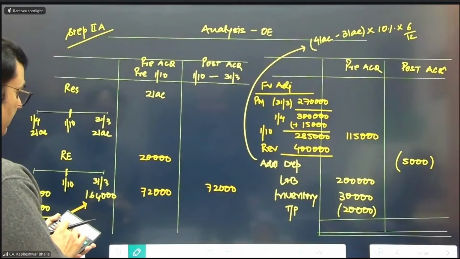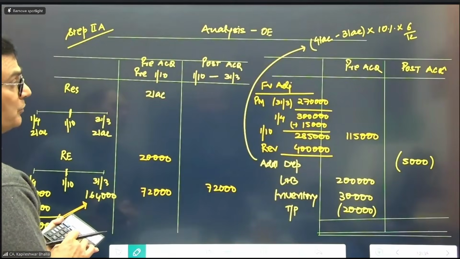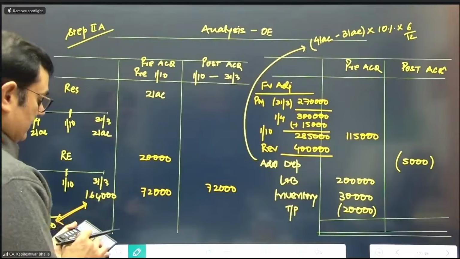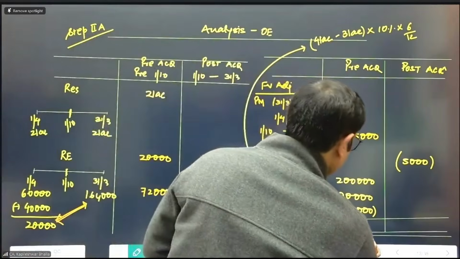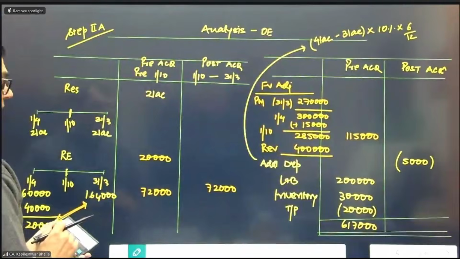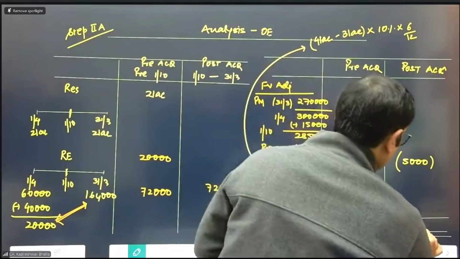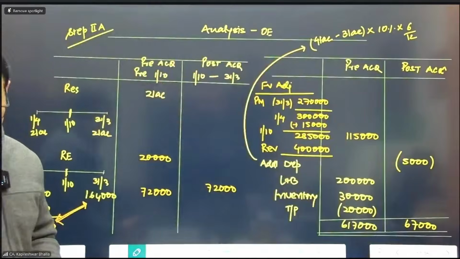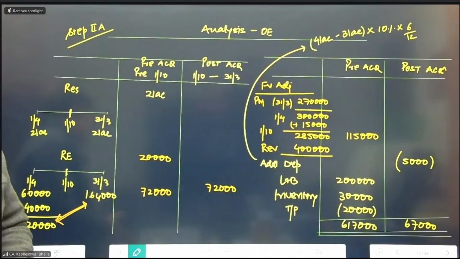So this is 2 lakh plus 20 plus 72, 1 lakh 15. Is this coming to 6 lakh 17, I guess? And this is, I think, 67,000. Right, just see if the calculations are correct.